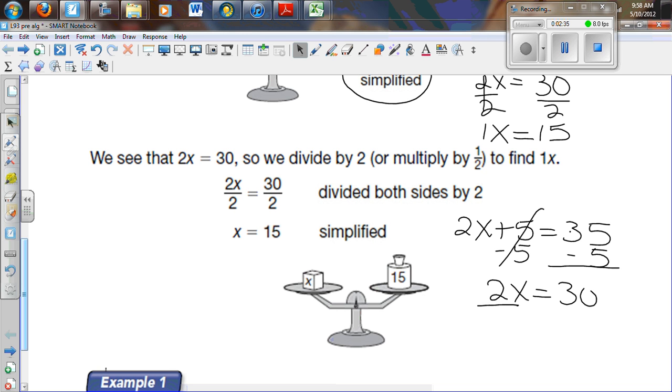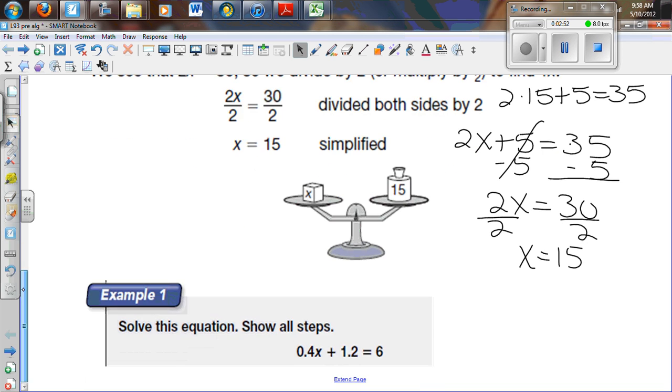Then show dividing both sides by 2. And so x equals 15. Last thing you should always do is check your equation. So does 2 times 15 plus 5 equal 35? Yes, it does. 2 times 15 is 30, and 30 plus 5 is 35. So you should always check those to make sure they're correct.